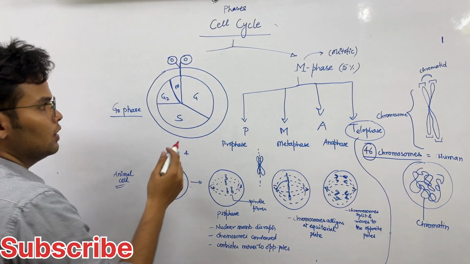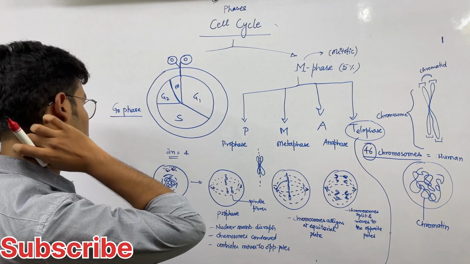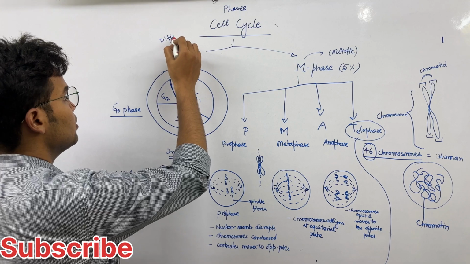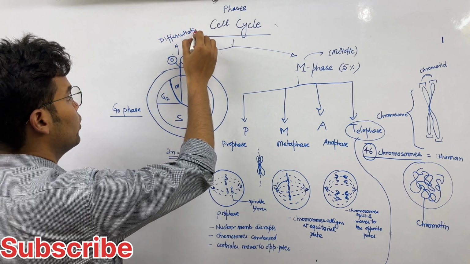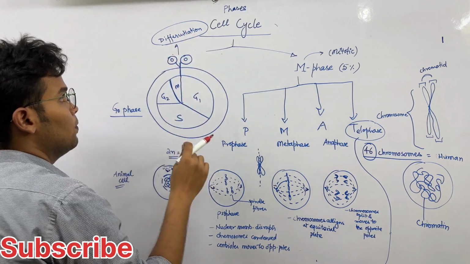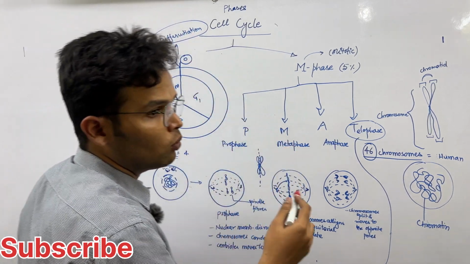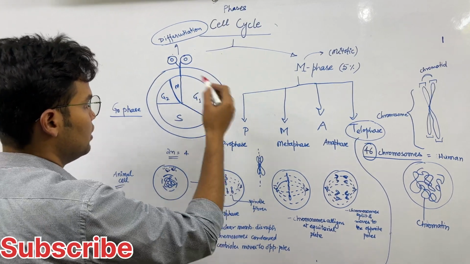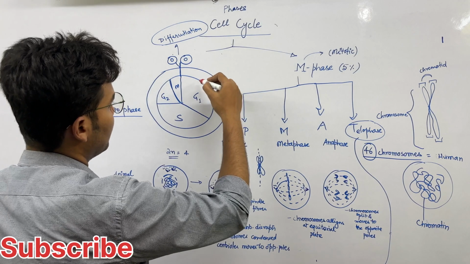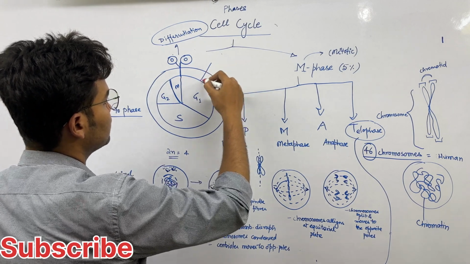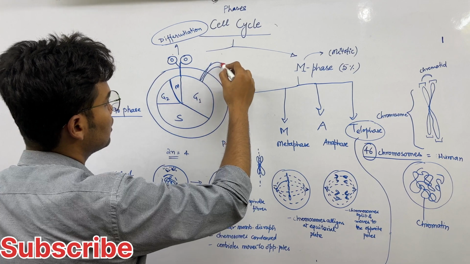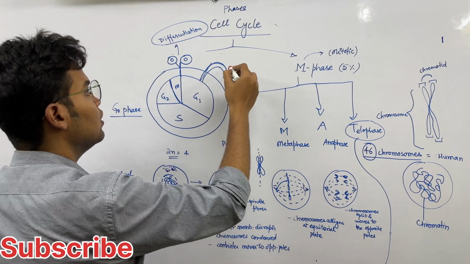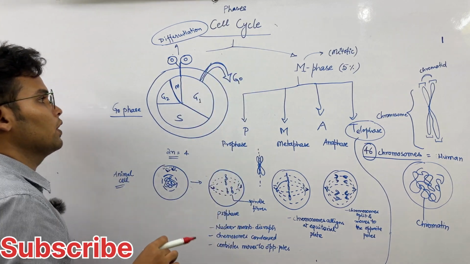Now these daughter cells will go into a process that's what we call differentiation. That means these cells will form specific types of cells. If these cells become metabolically inactive, then they will enter, like G1 phase, but we will represent it like this. And here we will write G0 phase.